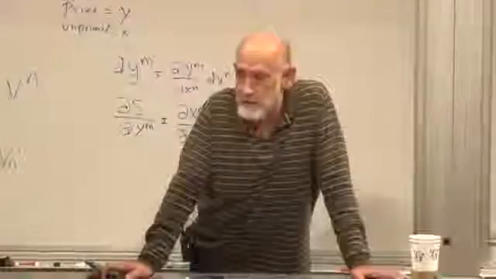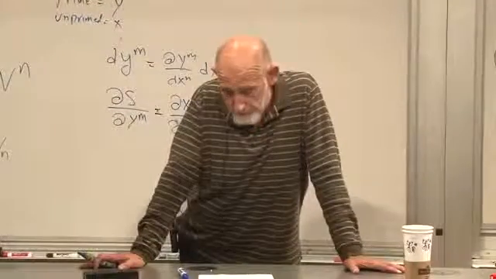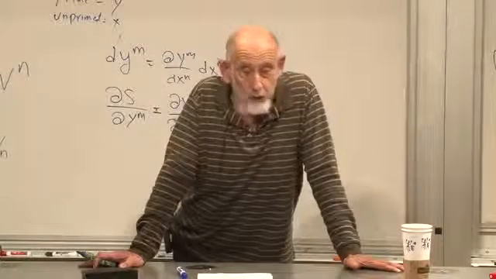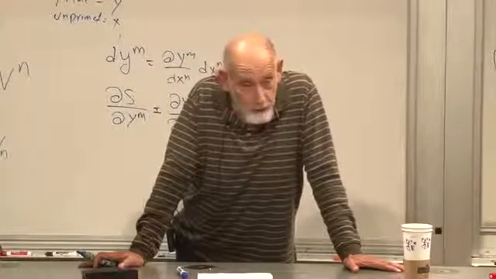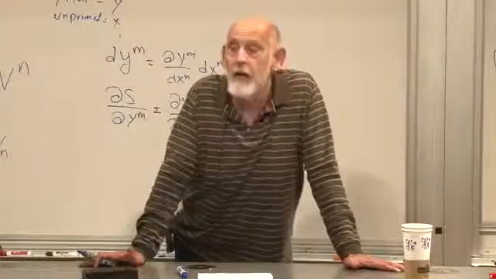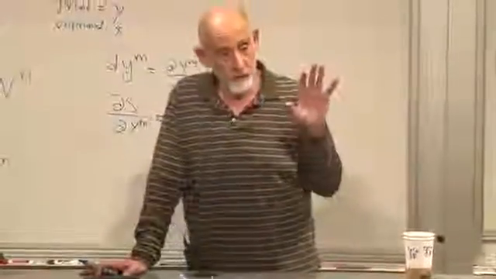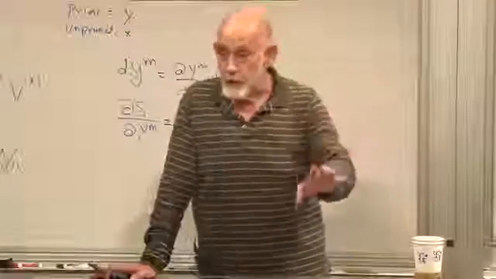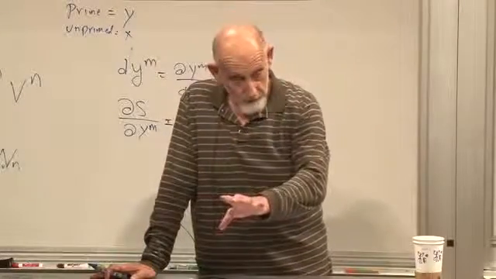Next, operations on tensors. Things you can do to tensors that make new tensors. We're not at this point interested in things that you can do to tensors which make other kinds of objects which are not tensors. We're interested in the operations we can do to them which will make new tensors.